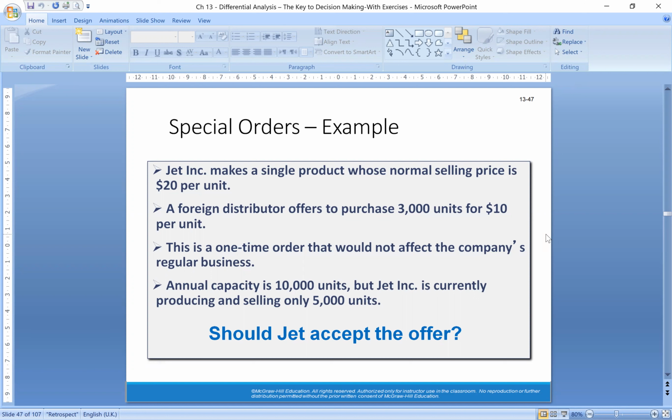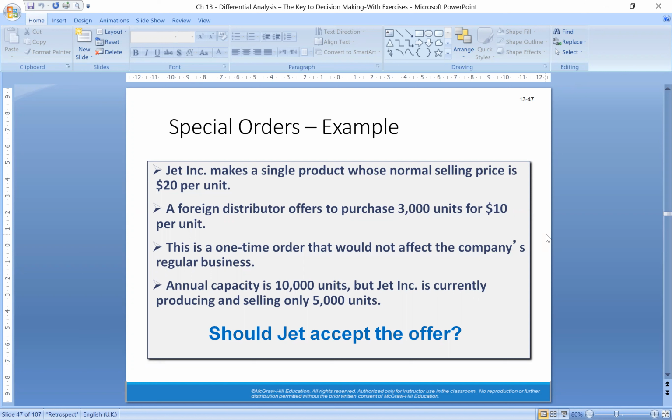So we have a special order, but the price will be $10 instead of $20, which is half of our price. This is a one-time order that would not affect the company's regular business. A positive point that we can accept.